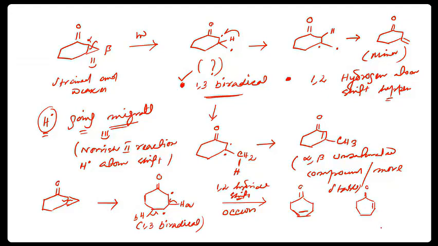That is, after photoirradiation of these compounds, we are going to get four products. This is number 1, that is minor, this is number 2, this is number 3, this is number 4.